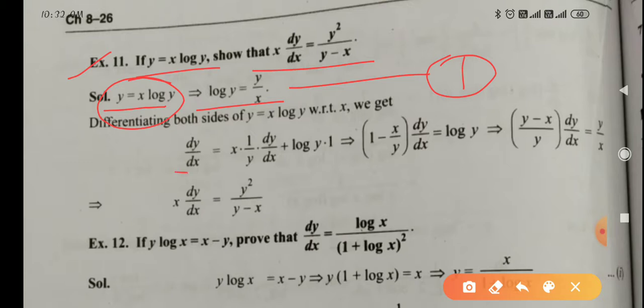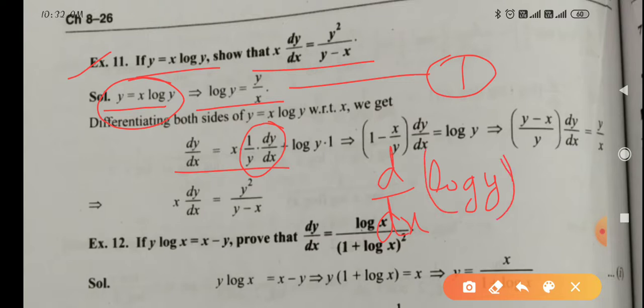So dy upon dx, x same, differentiation of log y, 1 upon y dy upon dx. Yes, pay attention here students. Now you are differentiating log y, but you are differentiating it with respect to x.